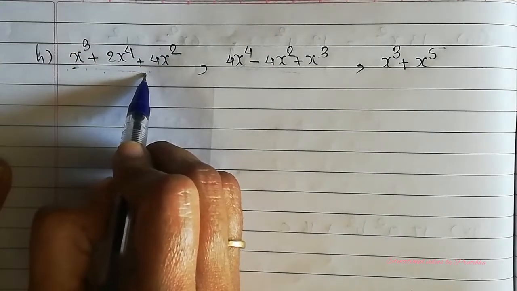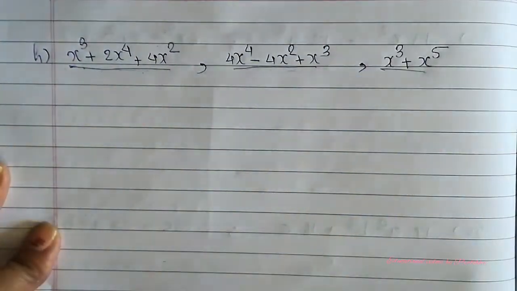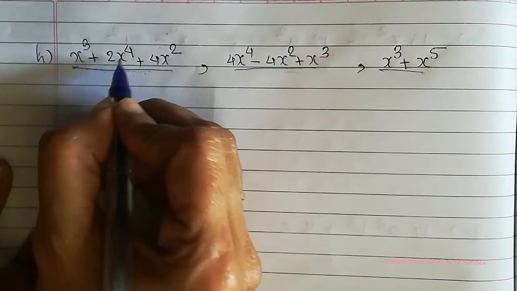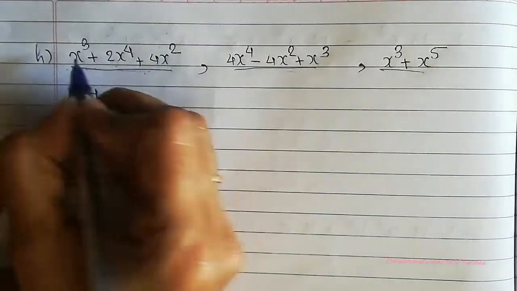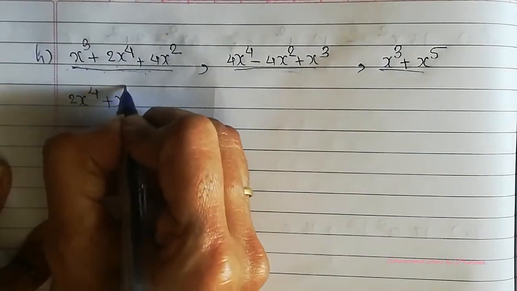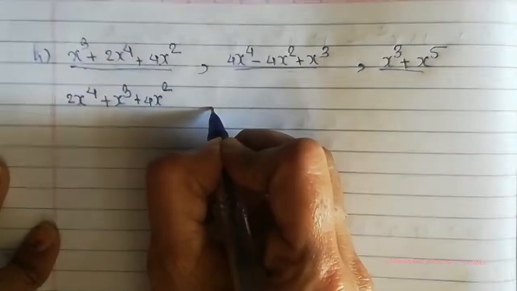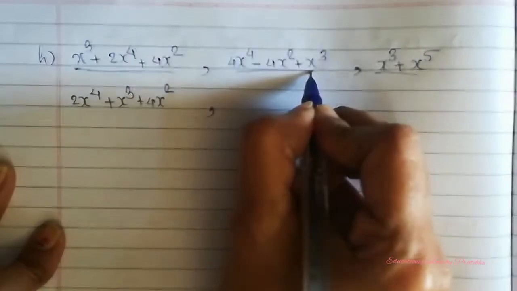So first we will arrange each and every expression in the descending order of its power, and then we will go for the addition. So here the highest power is 4, so the first term will be 2x raised to power 4 plus x cube plus 4x square. Now let us arrange the second expression in descending order of its power.